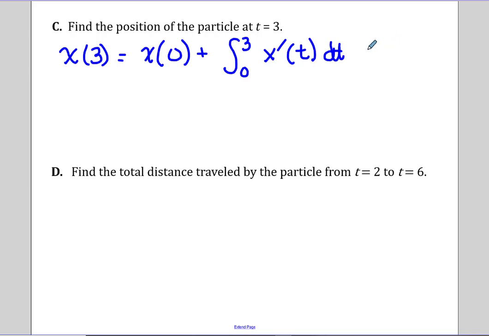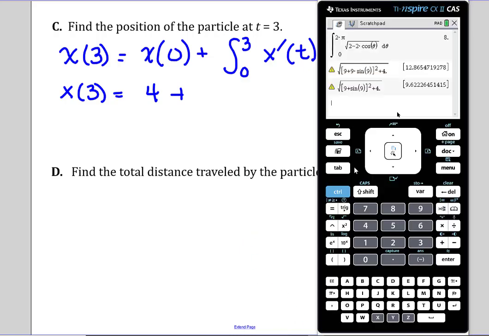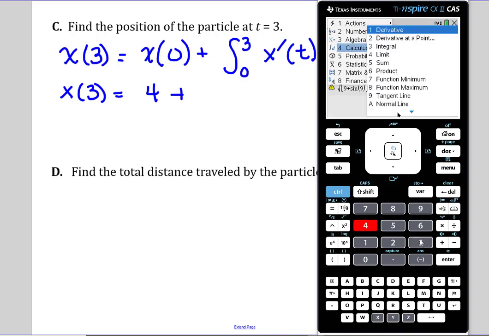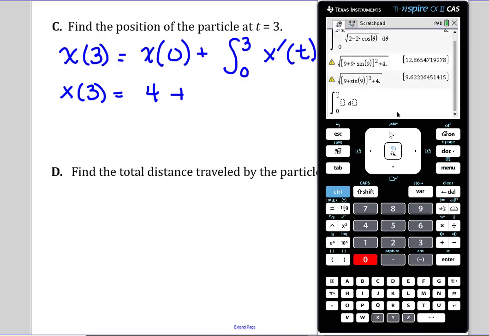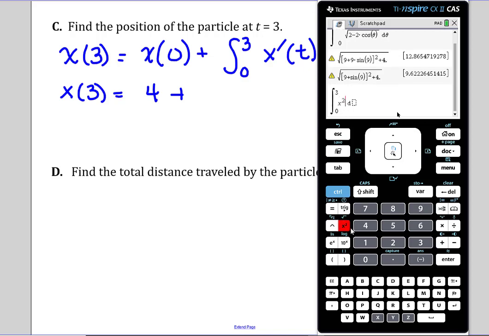And we knew x of 0 is 4, and then again calculating the area from 0 to 3, and our x prime of t was x squared plus the sine of x squared, dx.